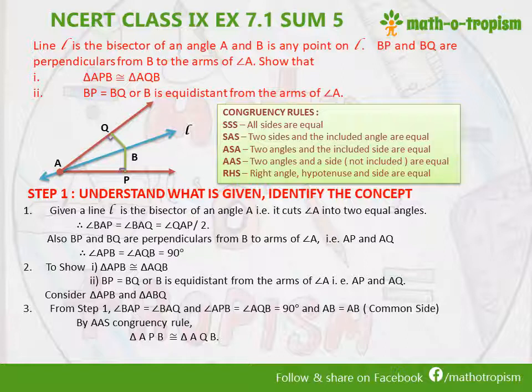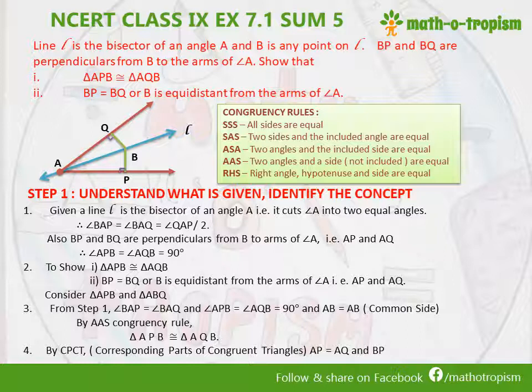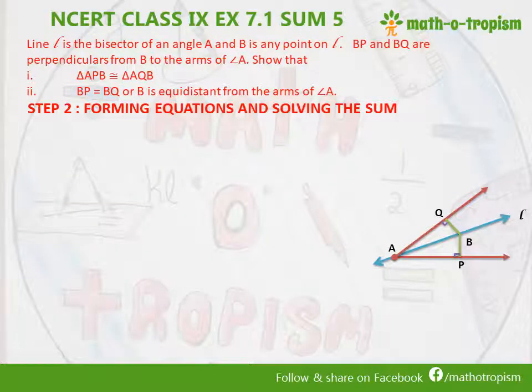So therefore triangle APB is congruent to triangle AQB, and once we have proven that both are congruent, then by CPCT, that is the corresponding parts of congruent triangles, we can prove that the first two sides taken at a time, AP will be equal to AQ, and the second two taken at a time, PB will be equal to QB, which is nothing but BP equal to BQ, which is asked. So thus we have shown that these two triangles are congruent.